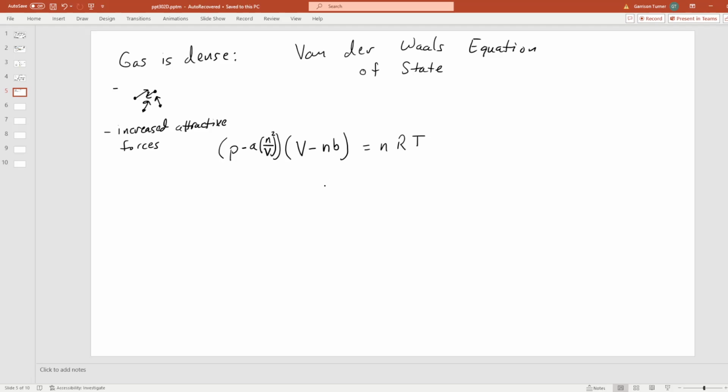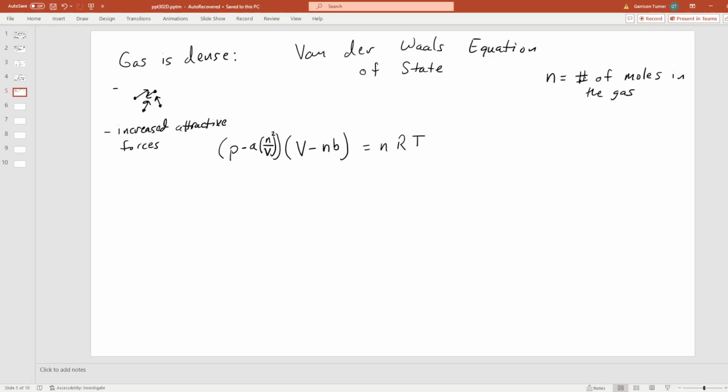And to account for the decrease in available space, we add this term. Okay? Now, the way that we interpret this equation, n is the number of moles in the gas. Okay?